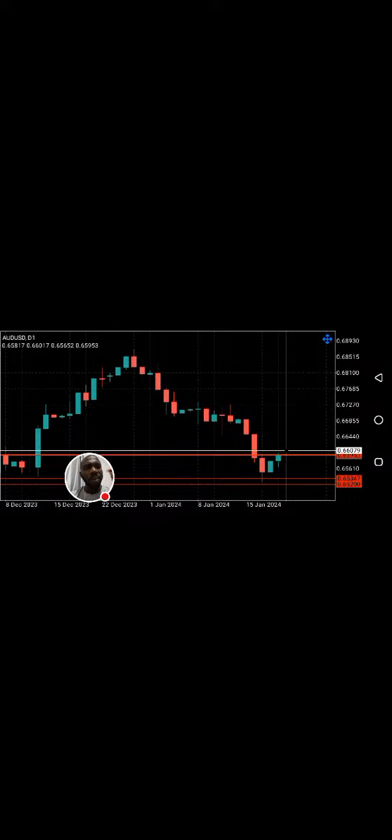So before you buy, you should wait for a candle to close above the high of this bearish candle.